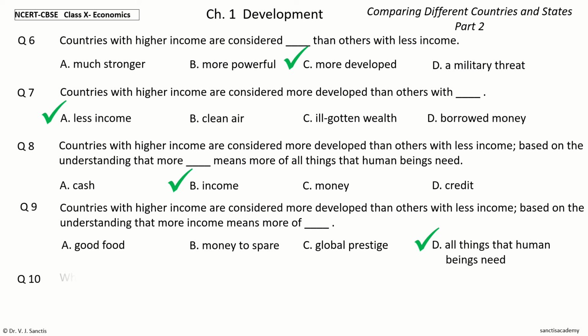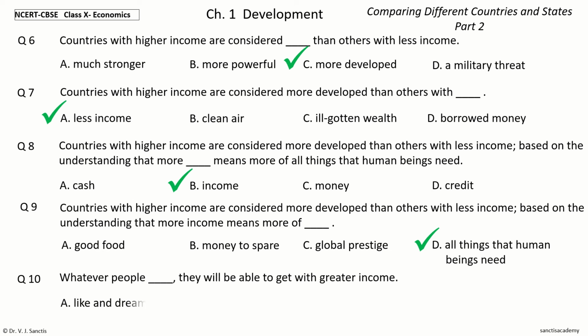Question 10. Whatever people dash, they will be able to get with greater income. The options are like and dream of, enjoy in life, like and should have, feel they must have.